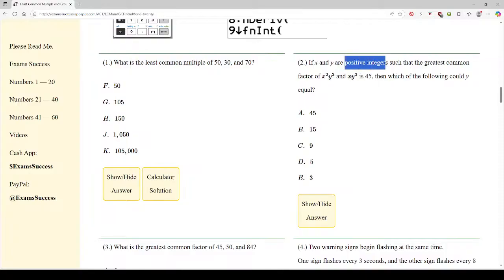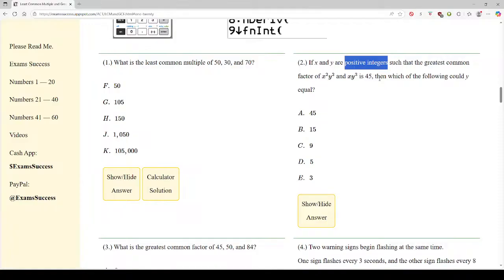Remember, they told you here, x and y are positive integers. So if y is 5, then 5 squared is 25, and you ask yourself, is there any integer that you can multiply by 25 to give you 45? No.